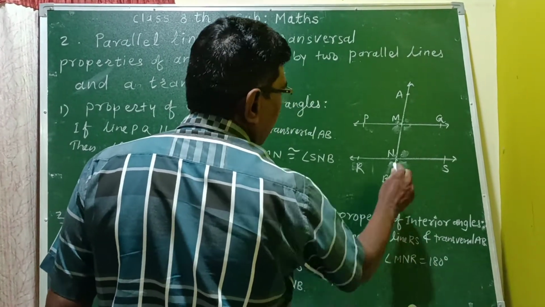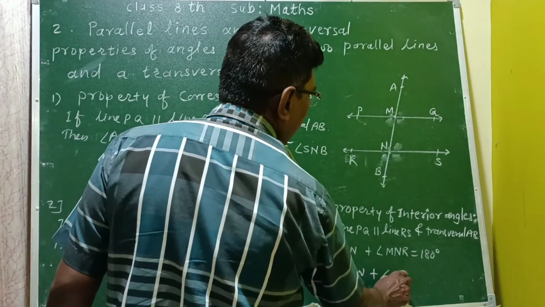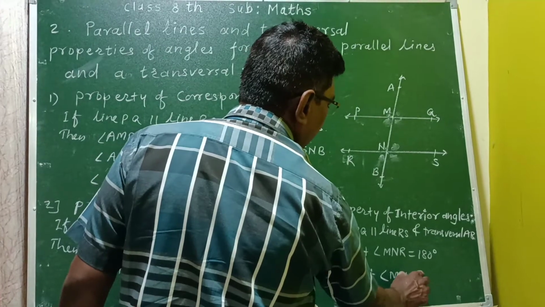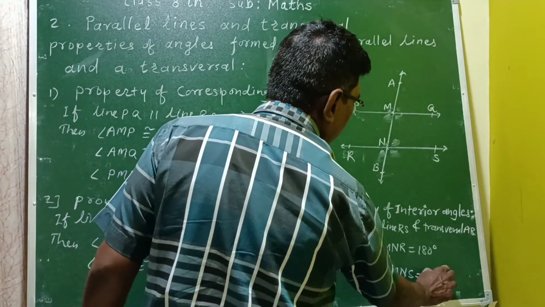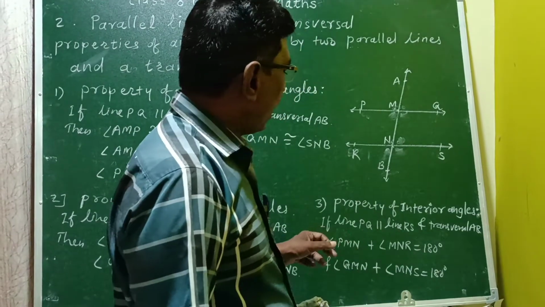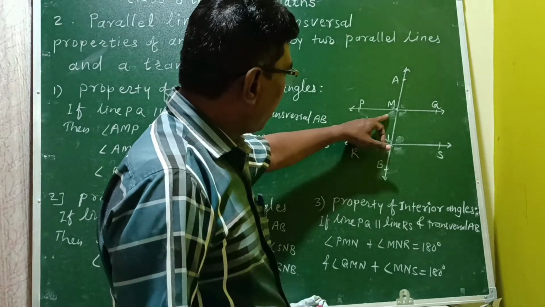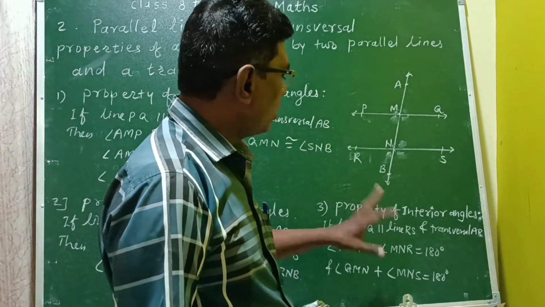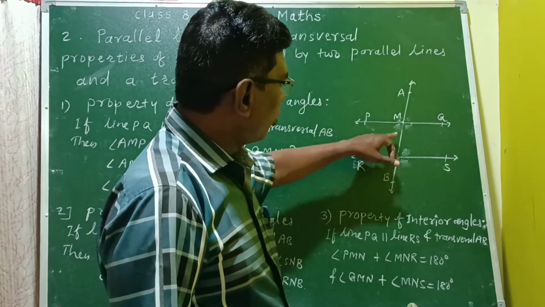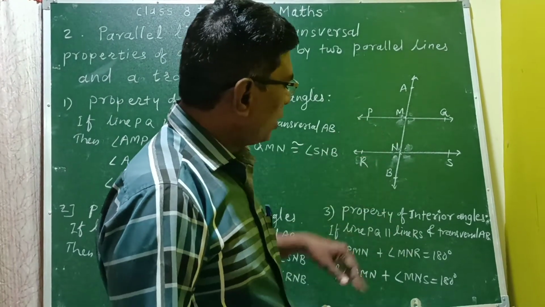And second, angle QMN plus angle MNS is equal to 180 degrees. Means if lines are parallel and intersected by a transversal AB, then each pair of interior angles is supplementary, that is, the sum of the measures of each pair of interior angles is 180.